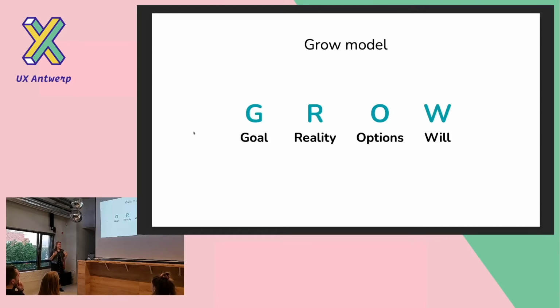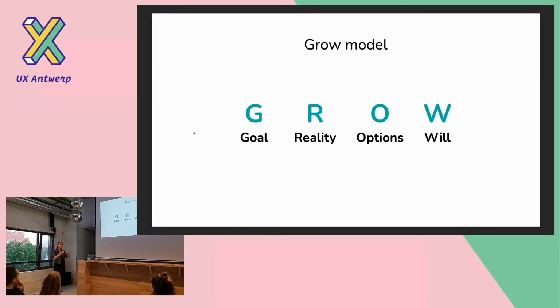Did I already reach my goals? What are the options to grow? Maybe I can follow a course, maybe I can look at examples, maybe I can do it hands-on and just teach myself. And the last is, of course, will.